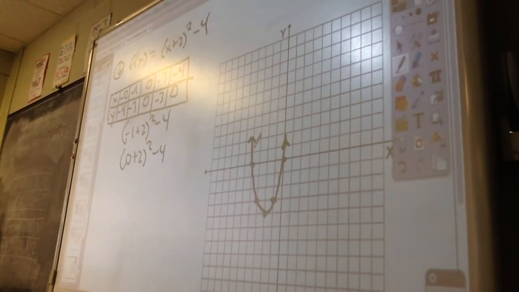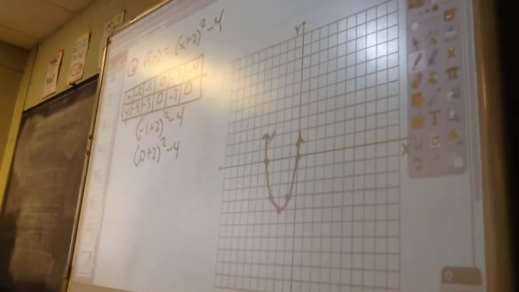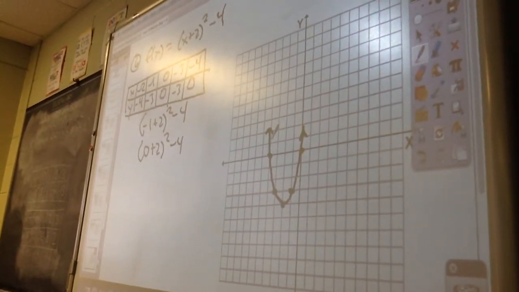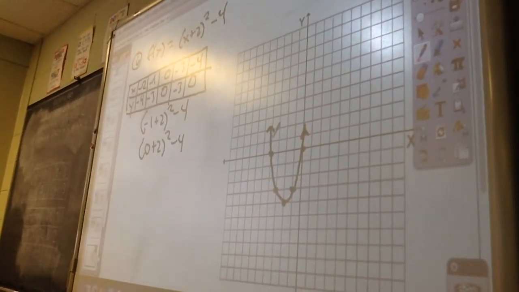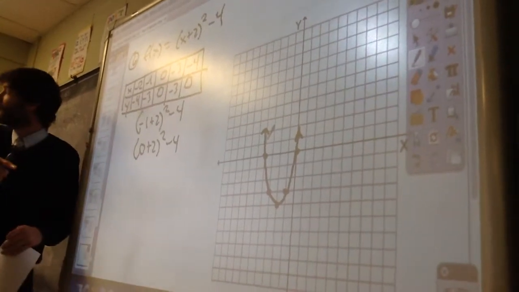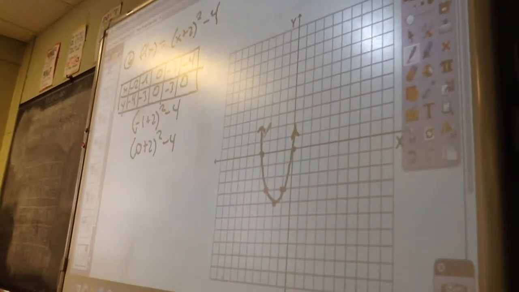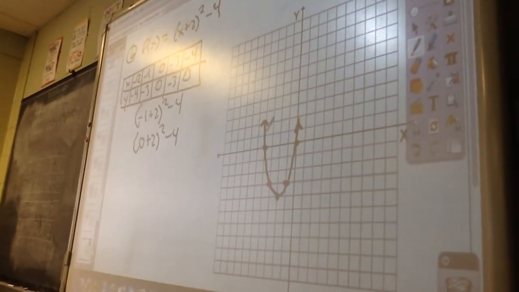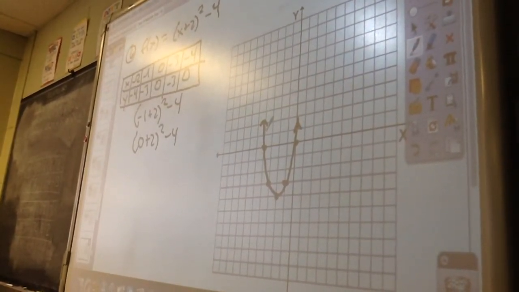Yes, sir? So number 6 is vertex form? Yep, 5 and 6 are in vertex form. Oh, 7 is, I'm sorry, 7 and 8 are in intercept. So let's do them. Does anybody need more time? See what's right here?